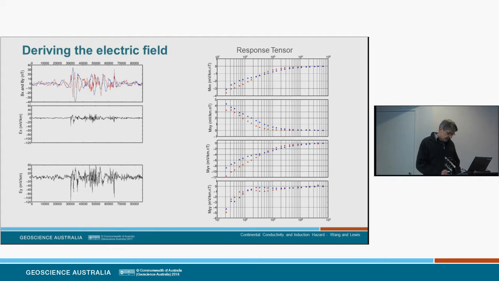And on the left, we're looking at 24 hours of magnetic data from the Alice Springs Observatory at the top. So that's the northerly and easterly variations overlaying one on the other, blue and red, and it's a relatively disturbed magnetic day in Alice Springs.